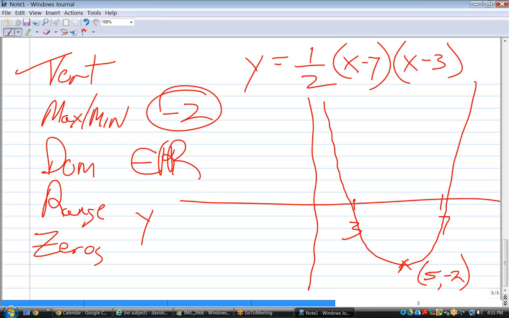Y has to be greater than or equal to -2. Uh-huh. And the zeros we already did. Oh, yeah. Okay. And we didn't have to put this in vertex format. Yeah, we didn't.